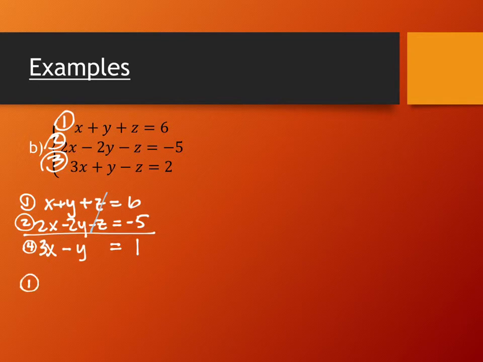Okay, so I'm going to rewrite equation 1 the way it was already. x plus y plus z equals 6. And then equation 3. I don't even need to multiply it. 3x plus y, because it's already minus z, equals 2.